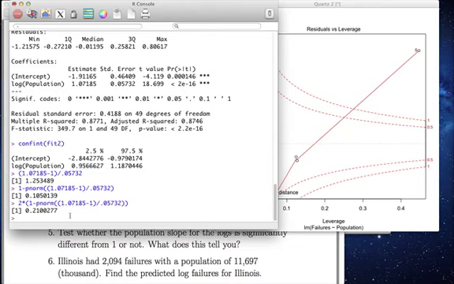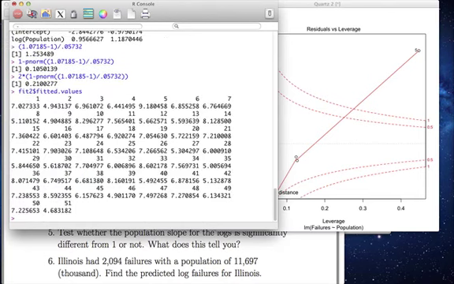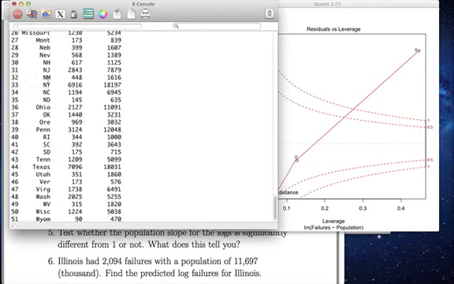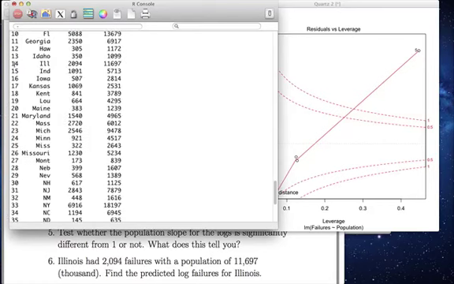So if we look at fit2$fitted.values, we have all these fitted values. So the question is, which of these values is Illinois? Illinois is observation 14.